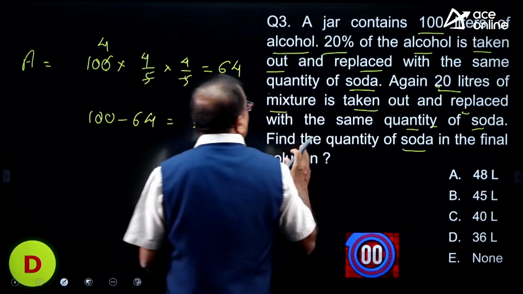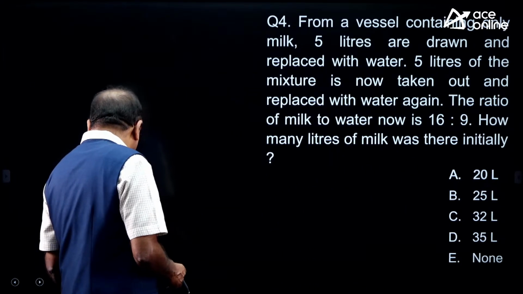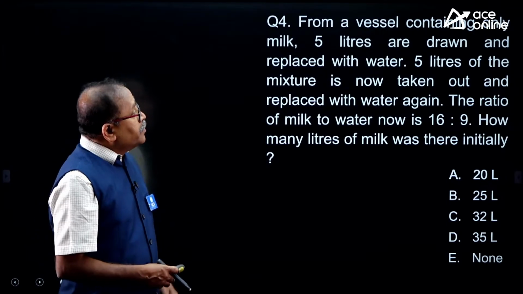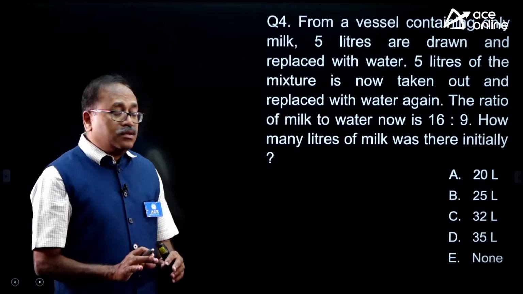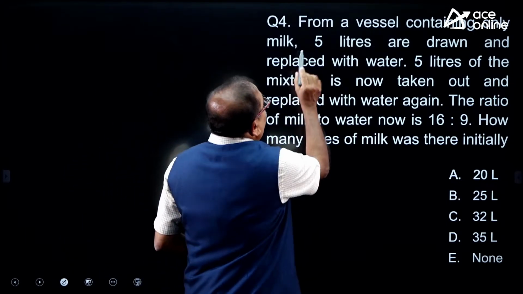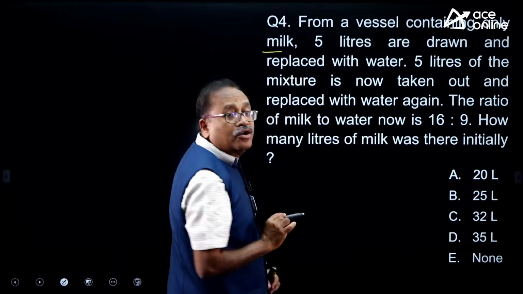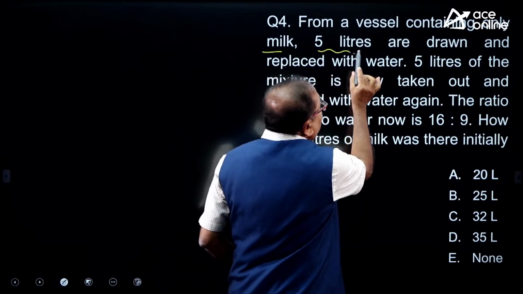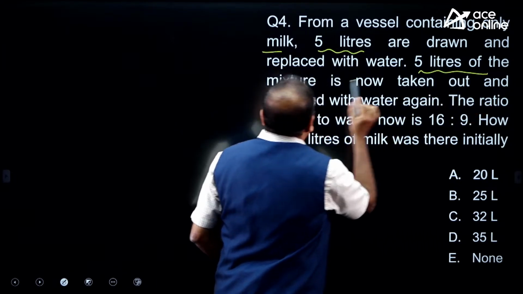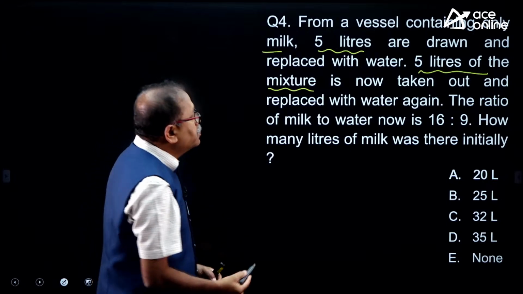And the next question on the board is this. Okay, what is this question all about? Let's check this one. All these are good questions, frequently asked in the exam. Now here, from a vessel containing only milk, 5 liters are drawn and replaced with 5 liters of water. A similar type of replacement question.